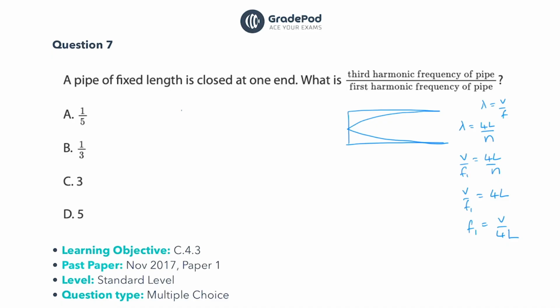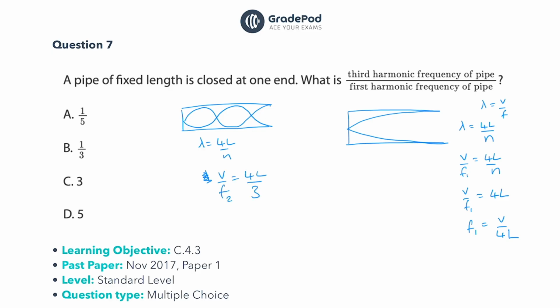Let's look at the second situation, the third harmonic. That's a drawing of the third harmonic. There are 3 nodes. And again, we've got lambda equals 4L over n. But in this case, n is equal to 3. So instead of writing lambda, we're going to write v over f, equals 4L over 3.